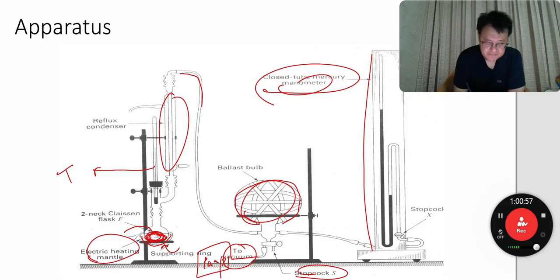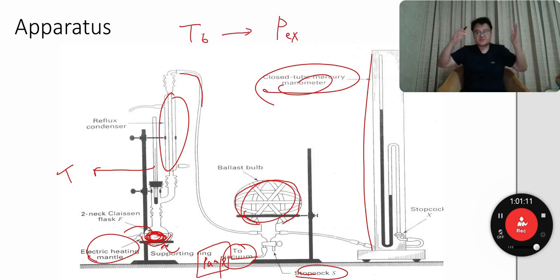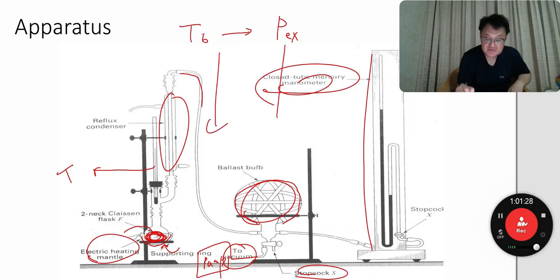So basically, what you are going to do is determine the boiling point at a given external pressure. Okay, so you are going to then measure the change of the external pressure, and as a function of that change, how the boiling point changes will be measured for each liquid.